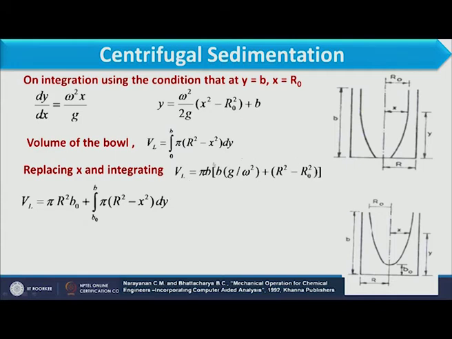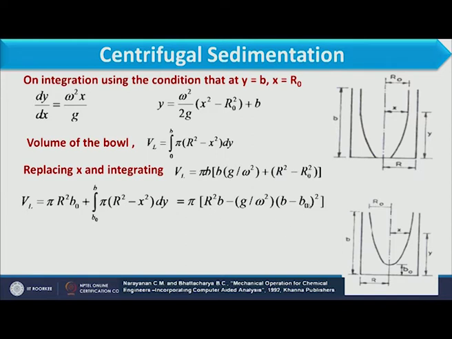Now if we replace this b by b minus b naught, because b naught to b is the limit of this expression, then after integration the whole expression is put in place of this, and after solving this we get the expression of VL like this.